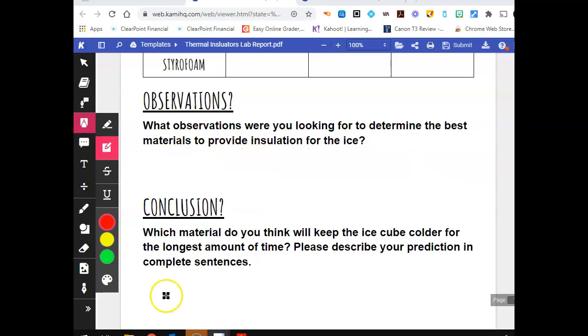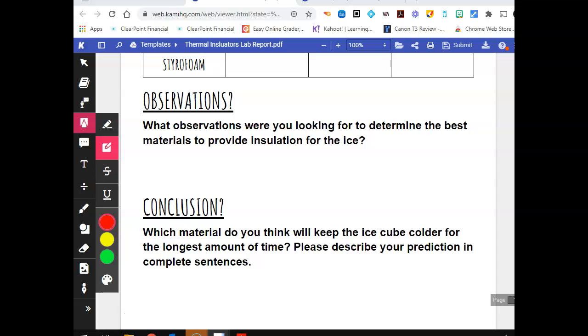And remember, your observation. What observation were you looking for to determine the best materials to provide insulation for the ice? What were we measuring to determine which one would be the best insulator for our ice?